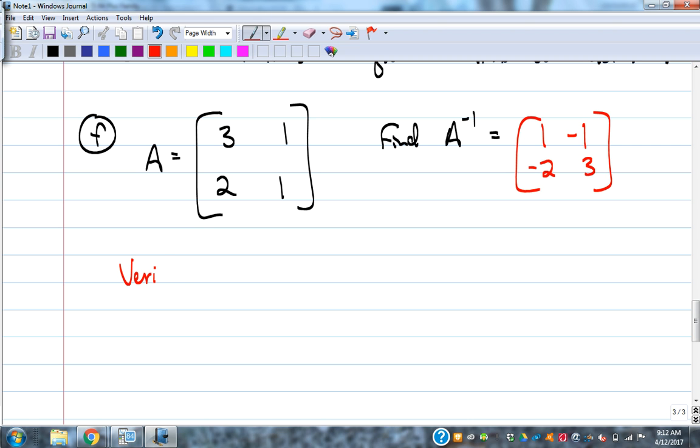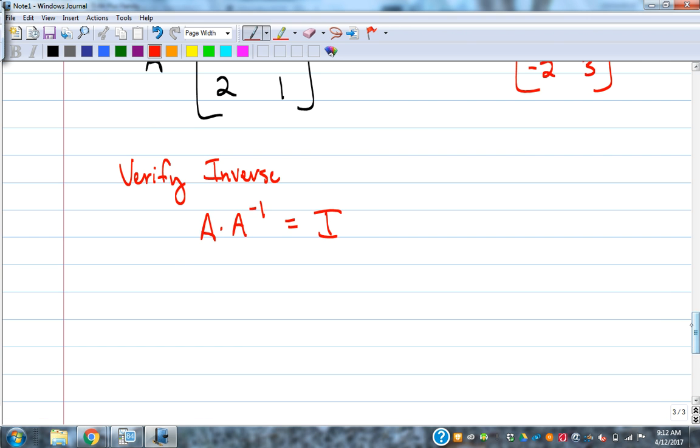If you want to verify an inverse, this is the last thing. Here's what happens. If you multiply the original matrix times its inverse, then you'll get the identity matrix that's the same size.